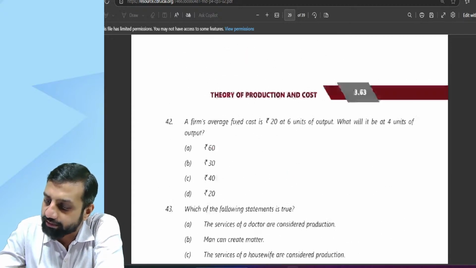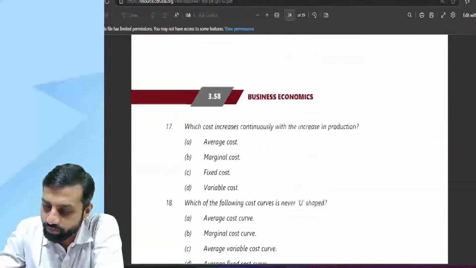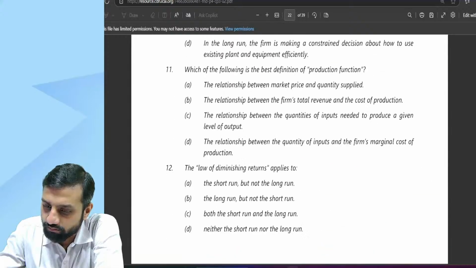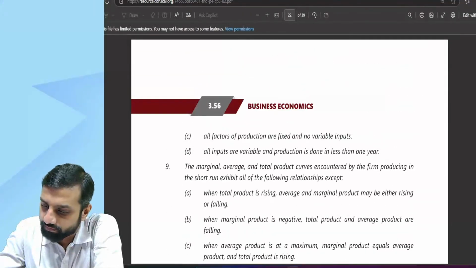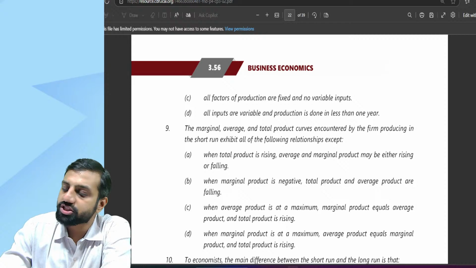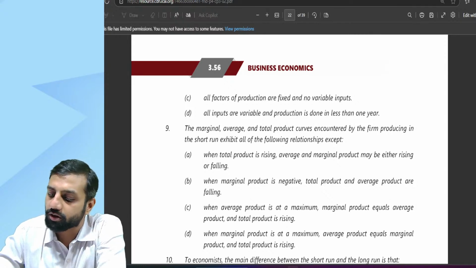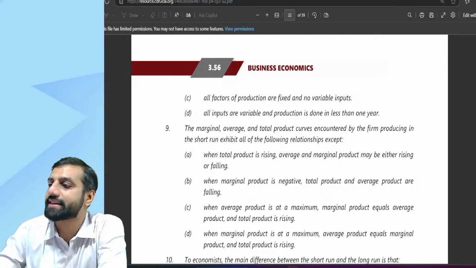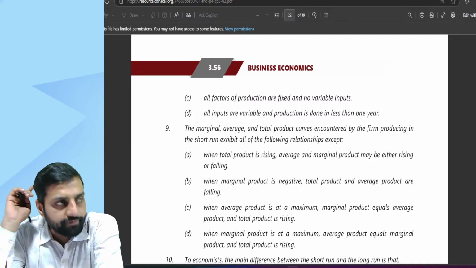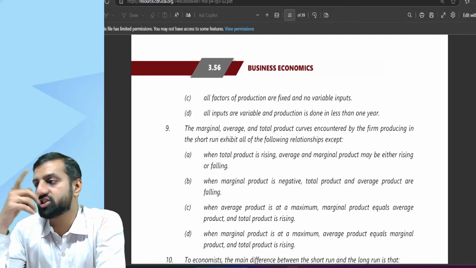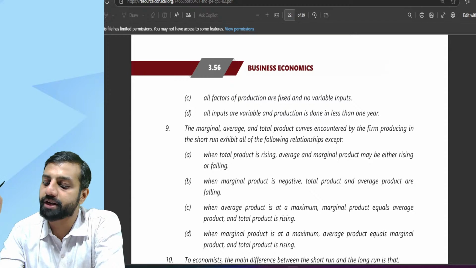Question number 9. The marginal, total, and average product curves exhibit all of the following except. So you have to find one option which is not a relationship between MP and TP curves.